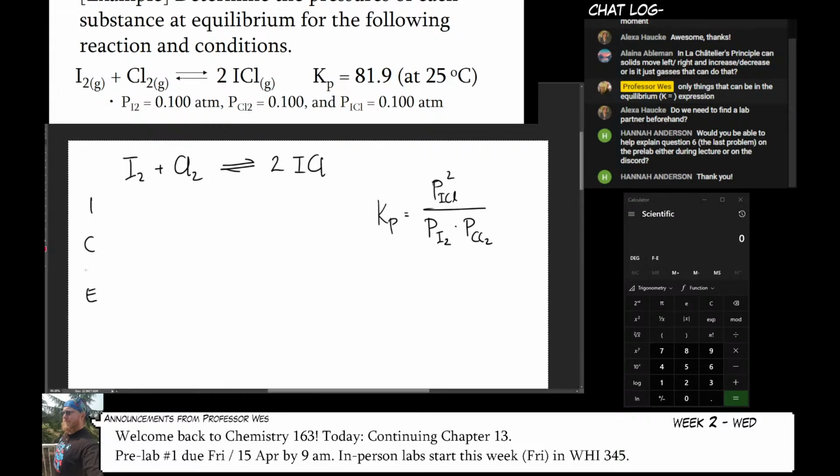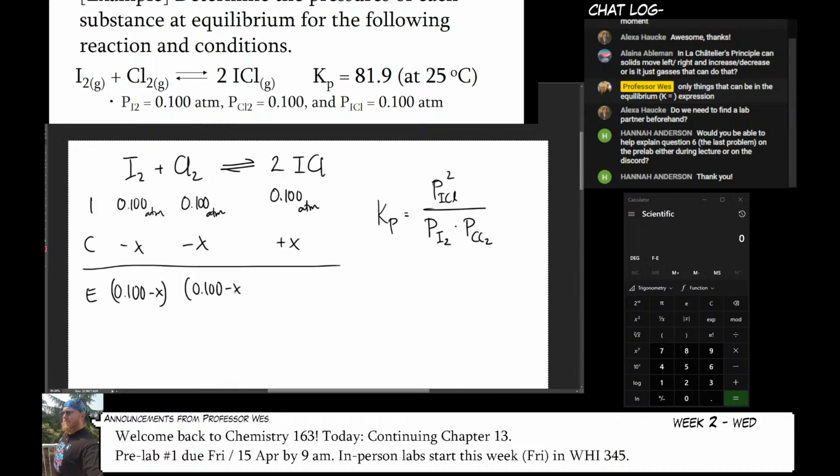Let's set up the ice table. And I put in 0.1 atm for all of these. These are reactants, so we're going to consume them. This is a product. We're going to generate it. And there we go.